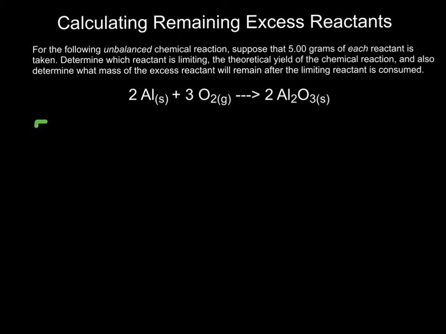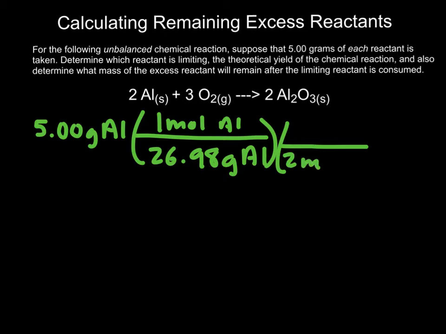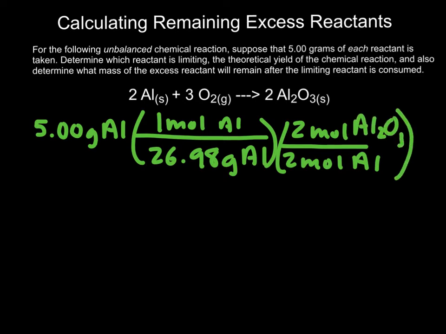So in this particular case, we're starting with 5 grams of each reactant. So we'll start with aluminum simply because it's first in the reaction. And we know, according to the periodic table, that the molar mass of aluminum is 26.98 grams for every 1 mole. Using the mole ratio, for every 2 moles of aluminum that react, 2 moles of aluminum oxide are produced.